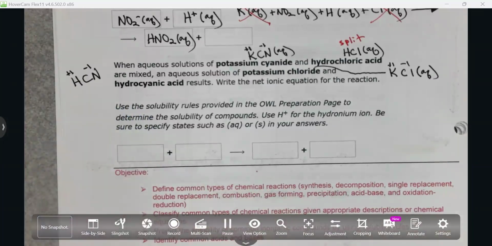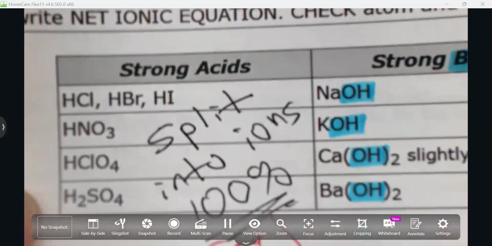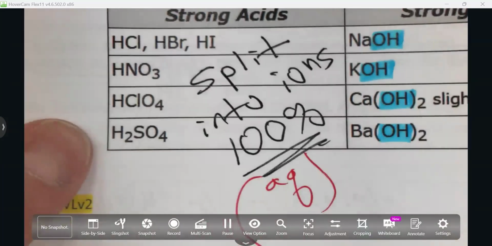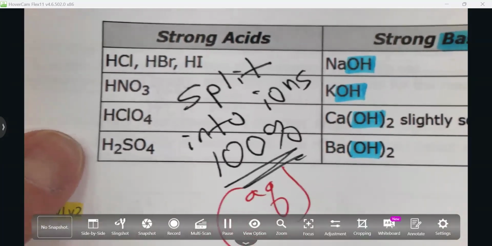HCN. Are we splitting up HCN? And the answer to that is no, because it is not a strong acid. These are the ones you are going to split for acids. That's it.